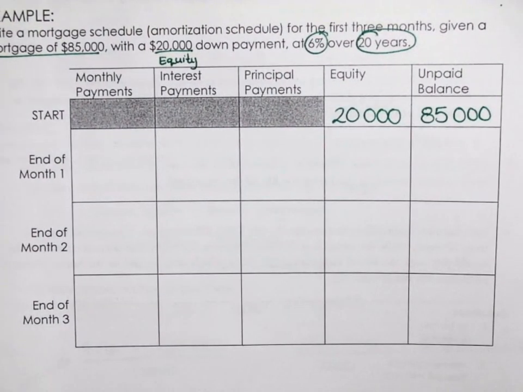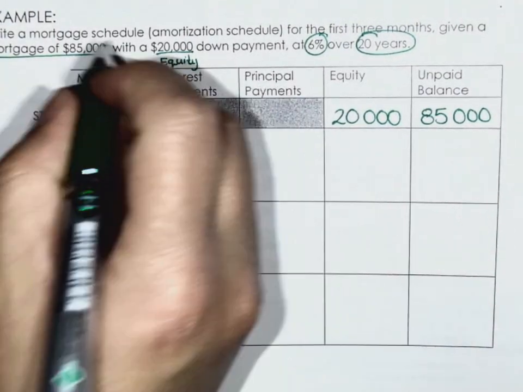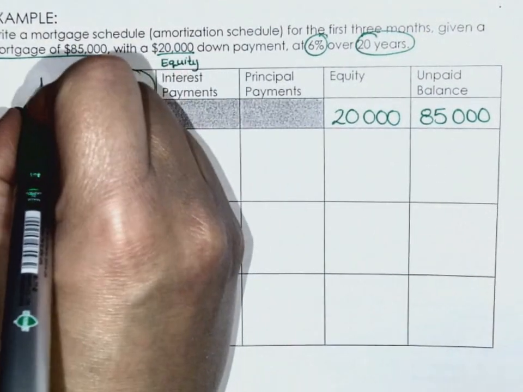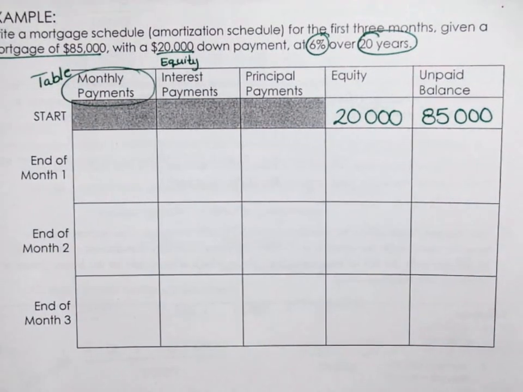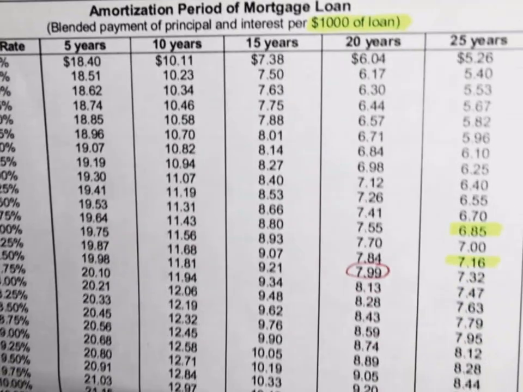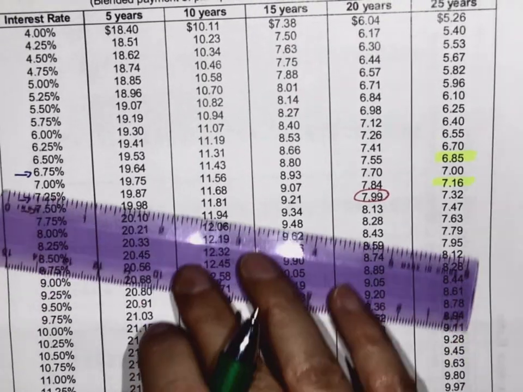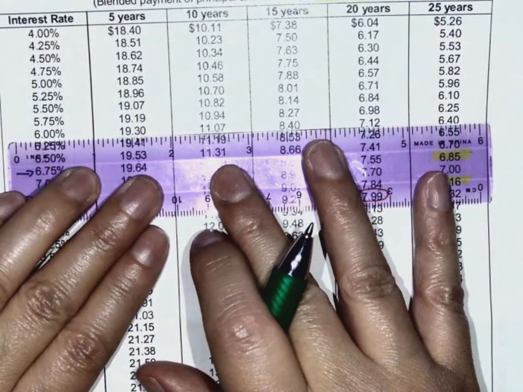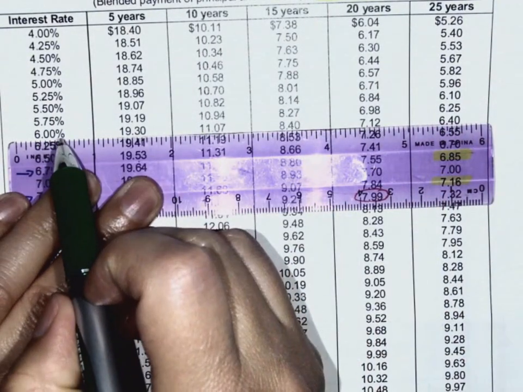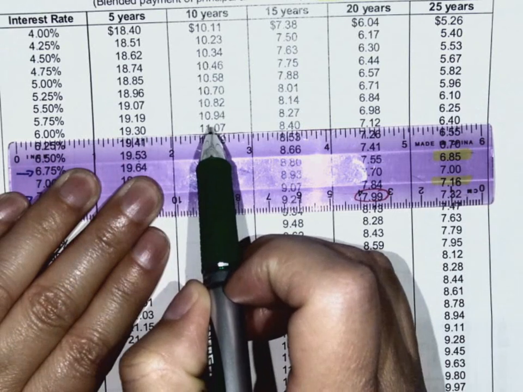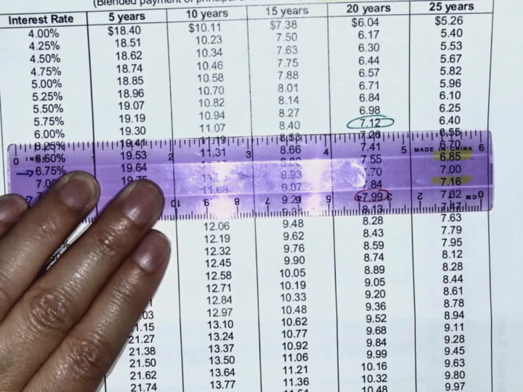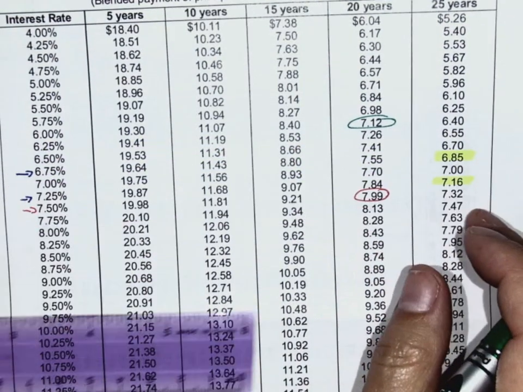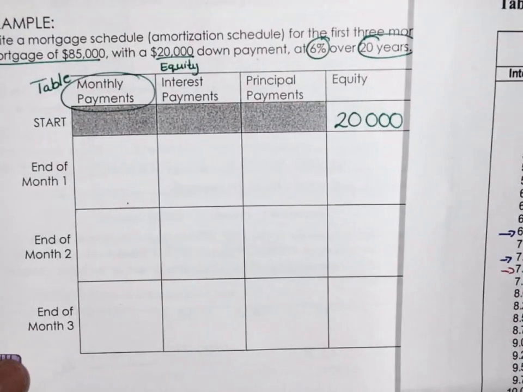Okay. Now for the monthly payments, I'll do this again. We got to do the monthly payments with the table. So 6% over 20 years. So 5, 10, 15, 20. So $7.12 per $1,000.